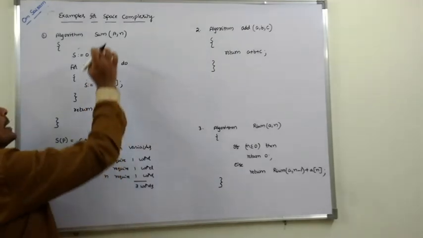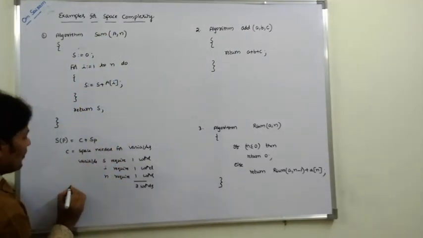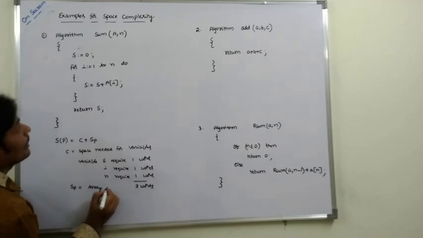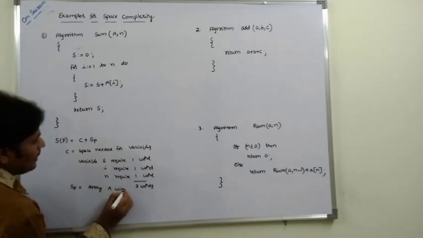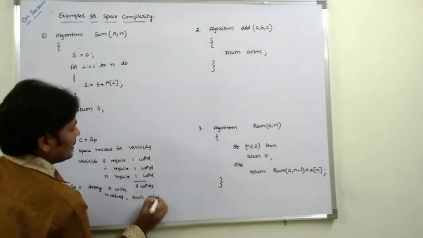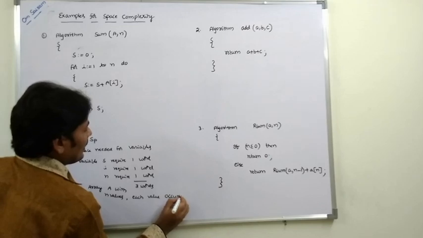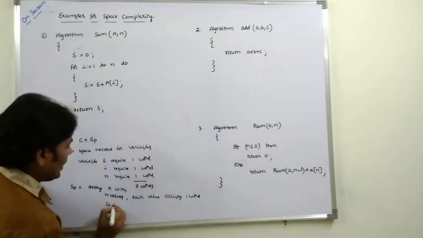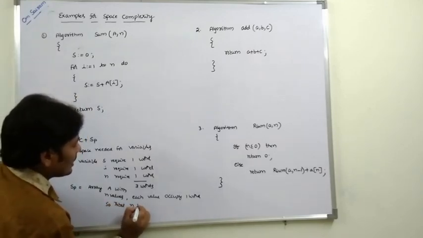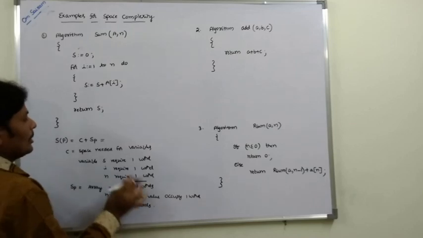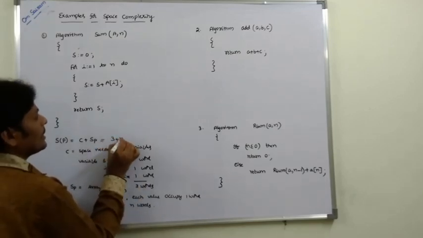Here the component variable is A. So S suffix P is equal to array A with n values, each value occupies one word, so in total n words. Therefore C is equal to 3 plus n.